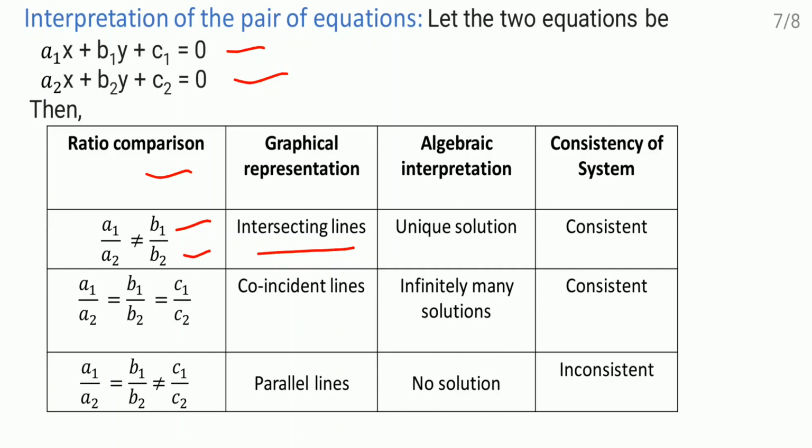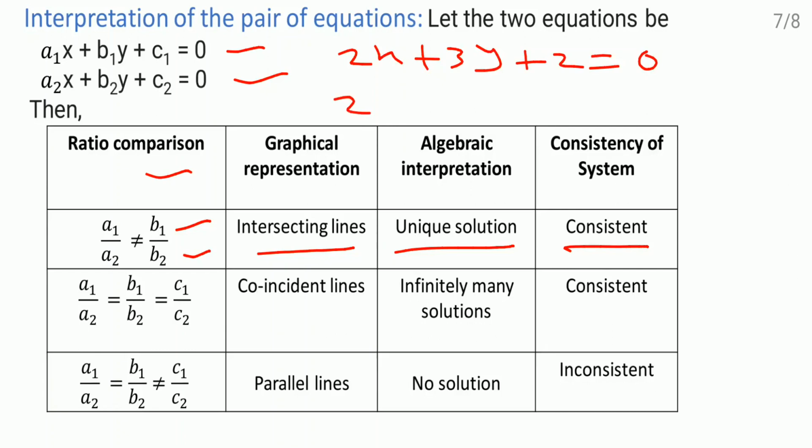As the lines are intersecting, what was that? Unique solution. And as a single point is common, the lines are consistent. Correct? Imagine you have the equation 2x plus 3y plus 2 equal to 0, and another equation 2x plus 4y plus 2 equal to 0.